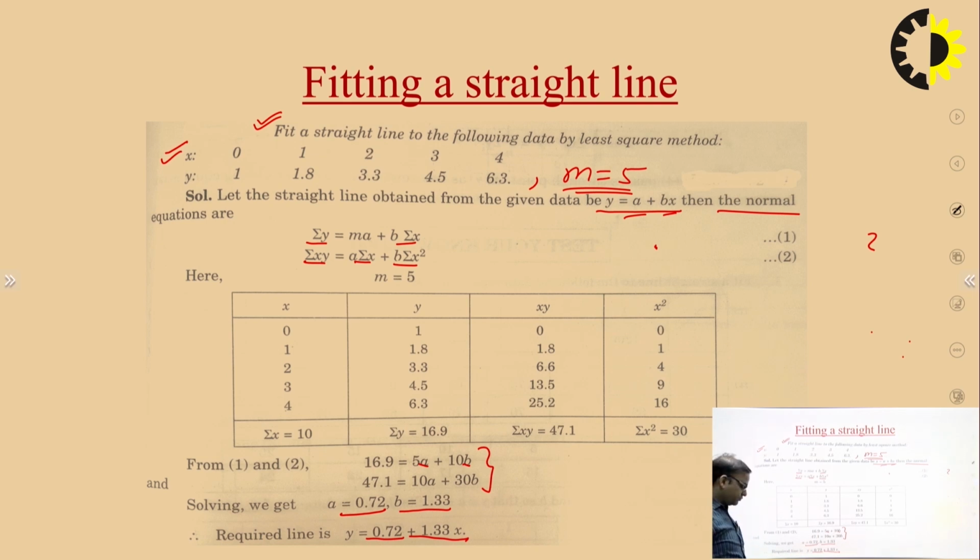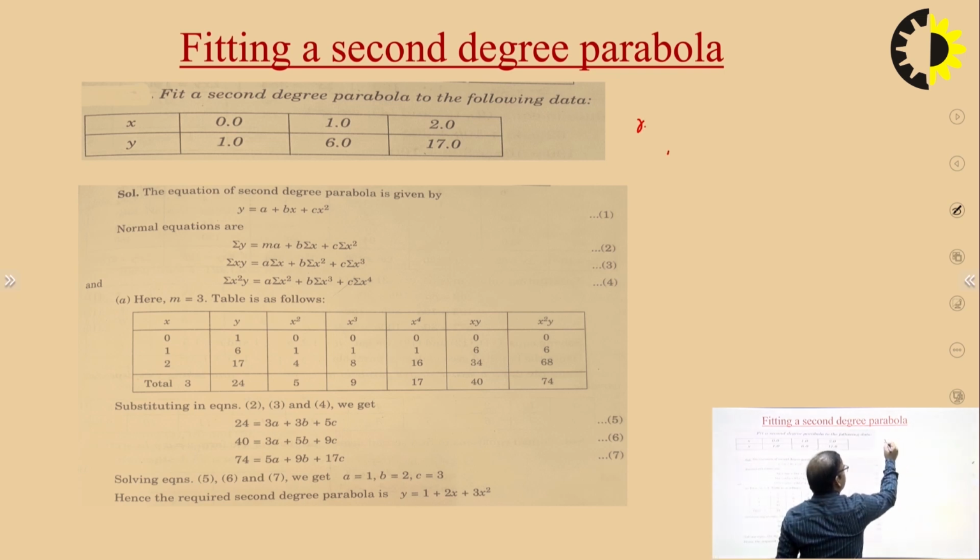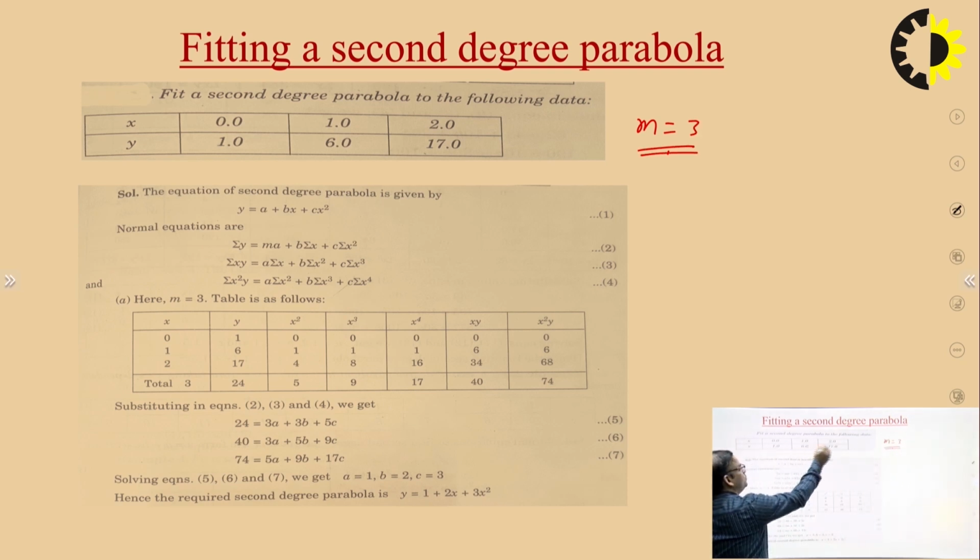Okay. Now fitting a second degree parabola. So to fit a second degree parabola, we have the given data set x and y. We have 3 values here. That's why the value of the notation m, which we have discussed in the method as n, here is m, and m is 3: 1, 2, 3.